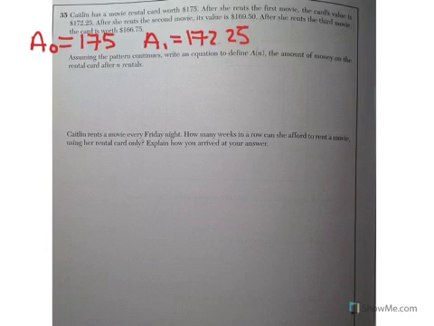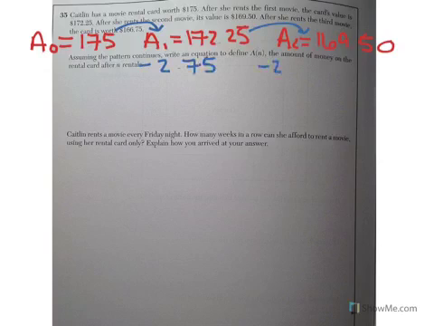And then the second movie, she ends up having $169.50, okay? And then by the third, $166.75. And if we look, each time she is losing, minus $2.75, okay?